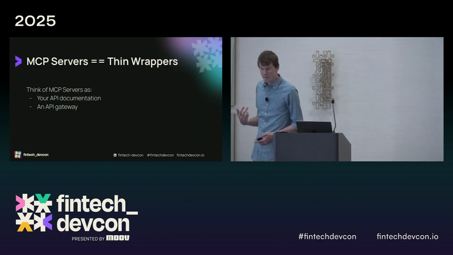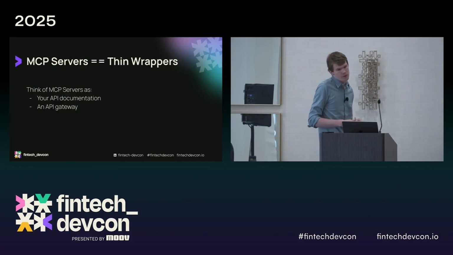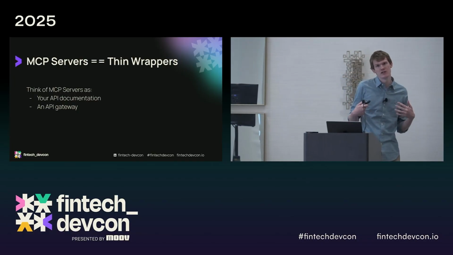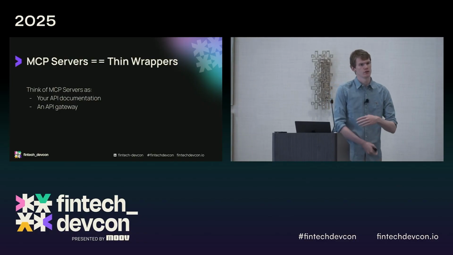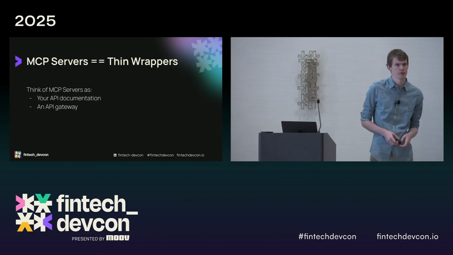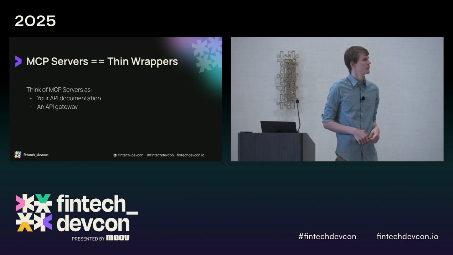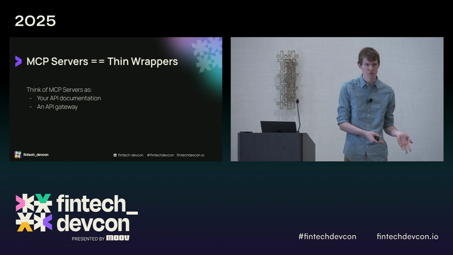Now, with MCP servers, and I already touched on this, they shouldn't really be doing the work for you. One way you should think about your MCP server is essentially as a thing that does documentation in a very specific way, because that's basically what it is. It's a bunch of documentation being hosted and served in a live way.